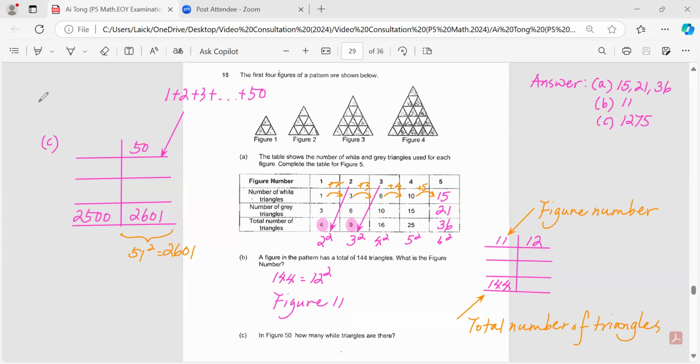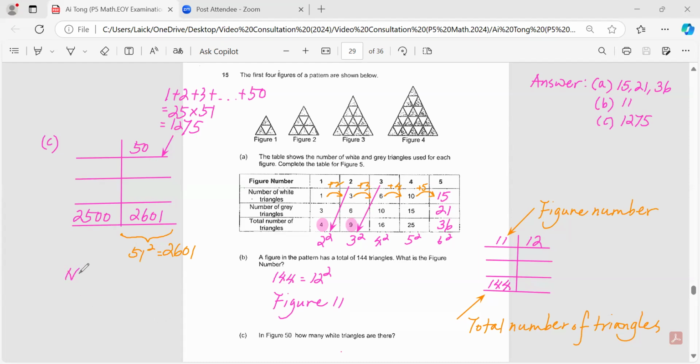So, to work that out, for 1 all the way to 50, there are 50 numbers, but there are 25 pairs. And in each pair, we find a sum of 50 plus 1, that is 51. We take 25 times 51, we get 1275.